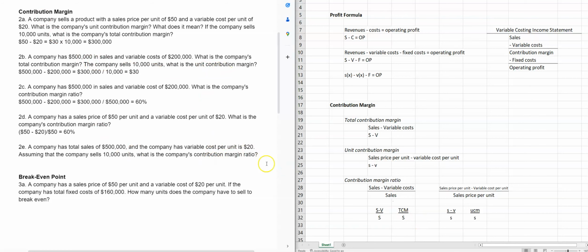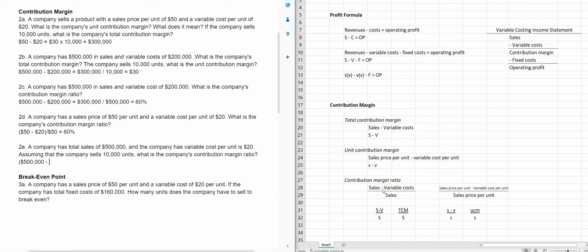I need to find contribution margin ratio. I have my formulas. Now I'm saying, okay, company has total sales. Okay, so I can use totals. Let's start with that. Total sales, 500,000. And the company has variable costs of $20 per unit. So here's where we're running into an issue. They're giving us total sales and then variable costs per unit.